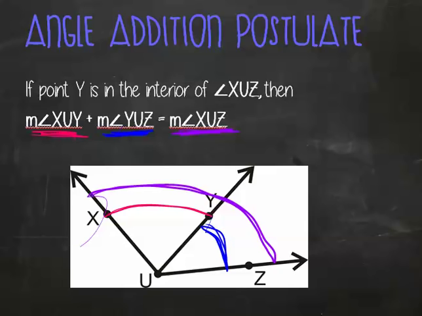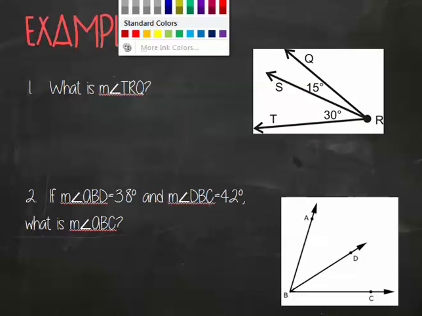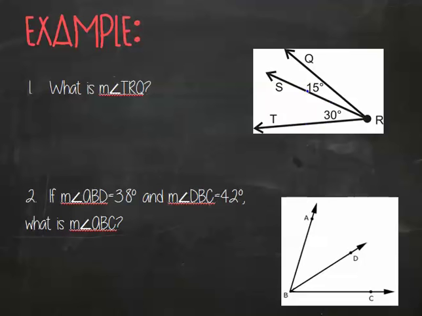So let's go ahead and go over an example of it. It says, what is the measure of TQR? So let's look at what we have. Well, we have that TRS is 30. We have SRQ is 15, but what we want to know is angle TRQ.